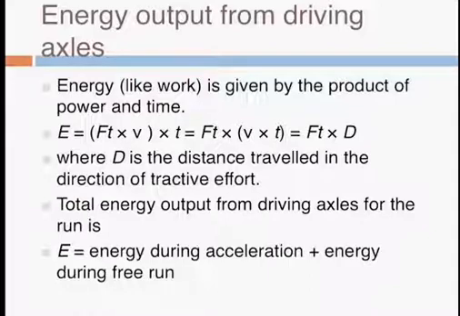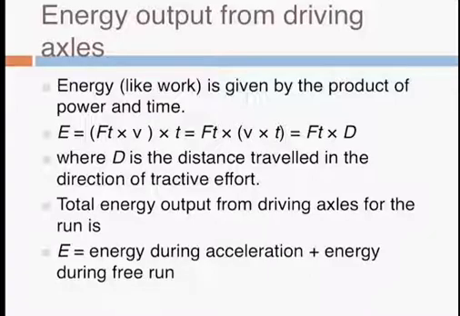the total energy required for the run will be the energy required during acceleration plus the energy required during free run. We can further elaborate it as average power during acceleration into period plus average power during free run into period of free run.